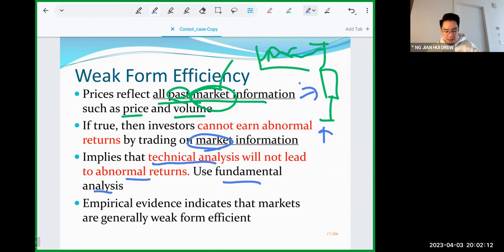So empirical evidence actually shows that generally the market is under the weak form, meaning that if we do a good analysis of the company, like what we learned in the first lecture on the ratio analysis and everything, we can actually earn abnormal returns based on our analysis done on the company.